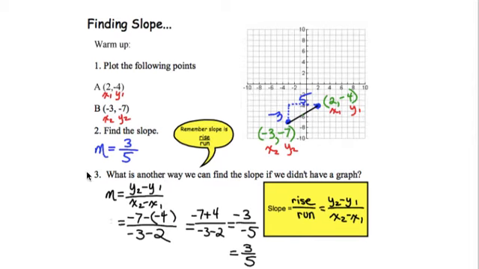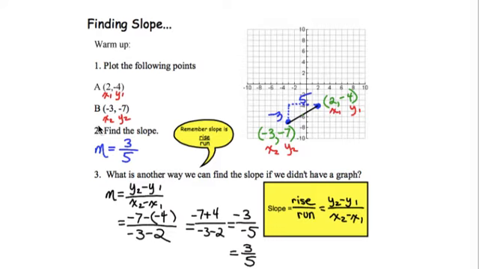We take our points here, and we always have our second one here. Since we are going from this point to this point, we are doing -7 from our y2, minus -4 from our y1, over our x values.